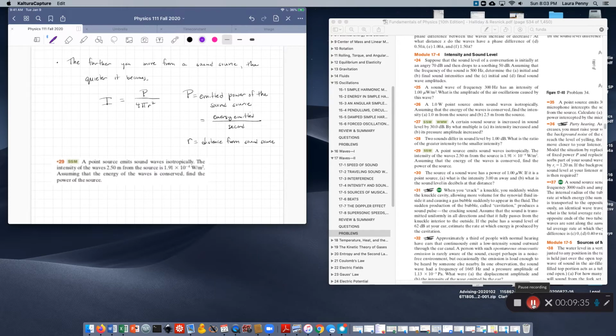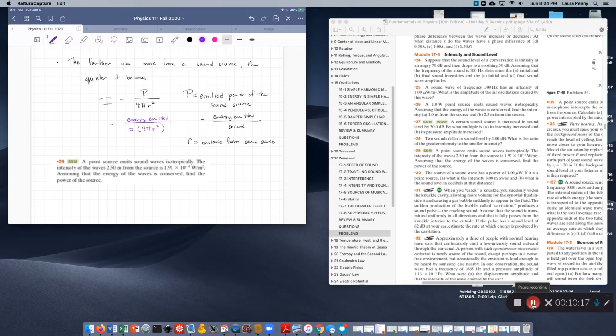Let's do the last little bit here. But also, as it turns out, we know this, if you go further away from a sound source, the quieter it becomes to us. It doesn't sound as loud. And that's because the intensity drops off. It's basically the power that's being emitted, which is just the energy per second. So we could write this as the energy emitted by the source per time, divided by how far away you are. The r is how far away you are, the 4 pi r squared. This is just the surface area of a sphere.